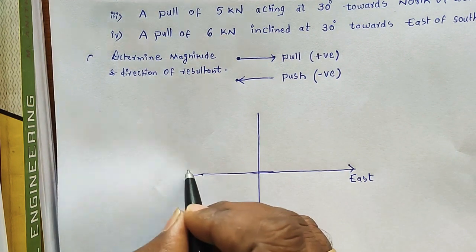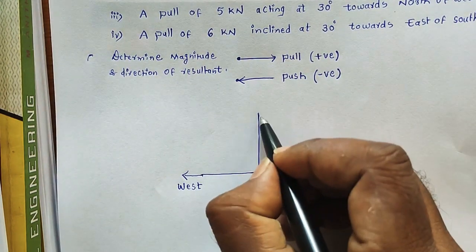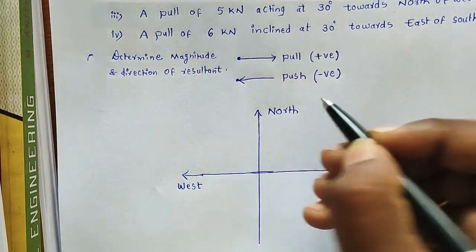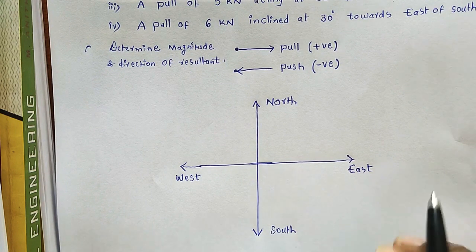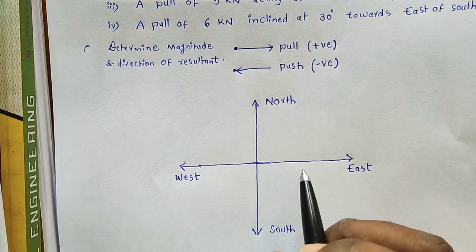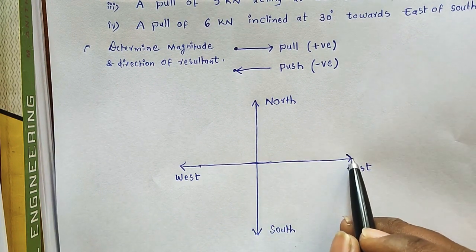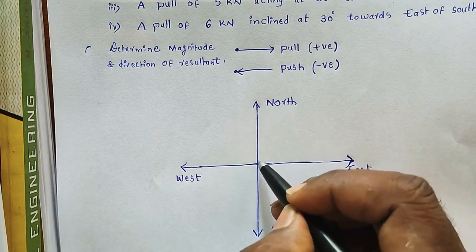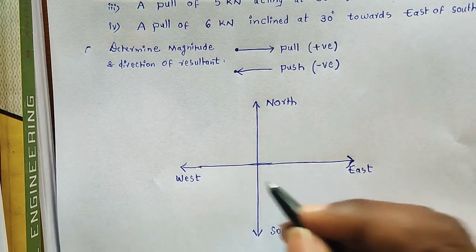If it is east, then this one is west, this one is north, and this is south. So we have mainly 4 directions. If any force acts towards east, then we have to draw the force in this east direction. If in the problem it has been given that the force is in north direction, then you have to draw the force directly in this north direction. Similarly in west and south.